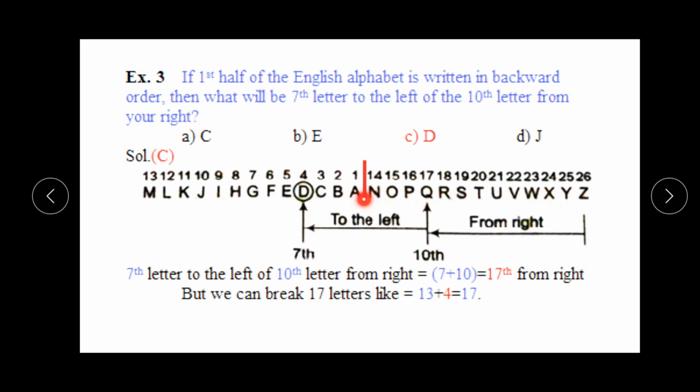If we count the 17th letter, we will waste our time, but we do not have to waste our time. We know that N to Z is the second half, and this is the first half. It means from Z to N we have already counted. Then we will break 17 into two parts: 13 plus 4. These 13 are the second half.